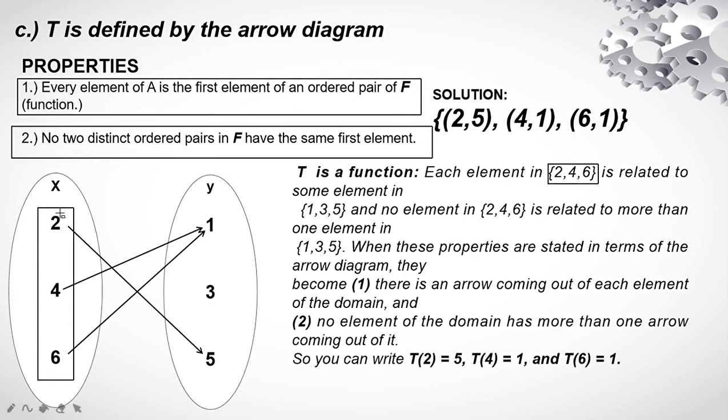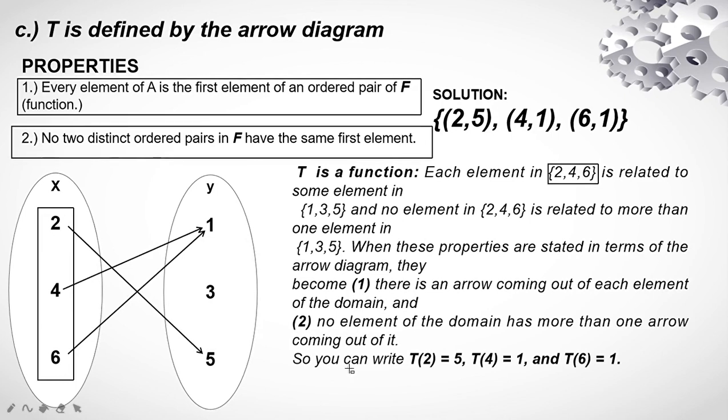As you can see dyan, each element, may lumabas na arrow, no? Number two, no element of the domain has more than one arrow coming out of it. So, dapat walang manggagaling kay 4, hindi siya madodoble yung arrow niya. Kasi once na nagdoble, that is not a function. Magkakaroon siya ng common element, first common element kasi nagamit mo siya ulit. Yun ang ibig sabihin diyan.